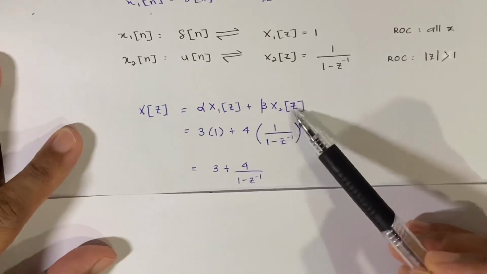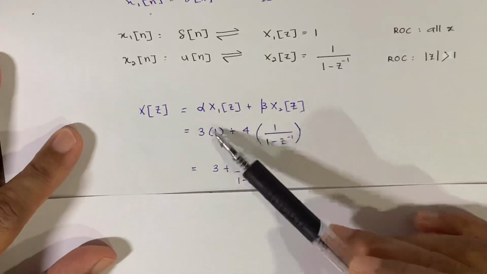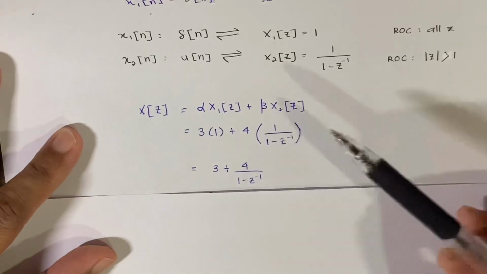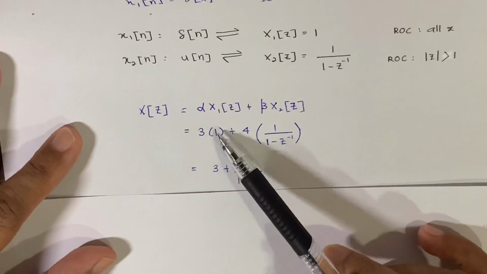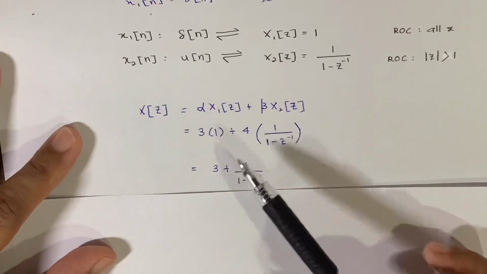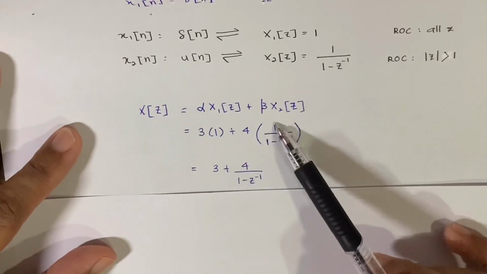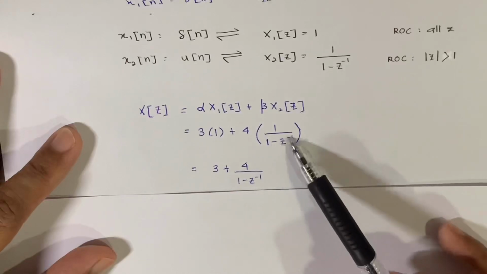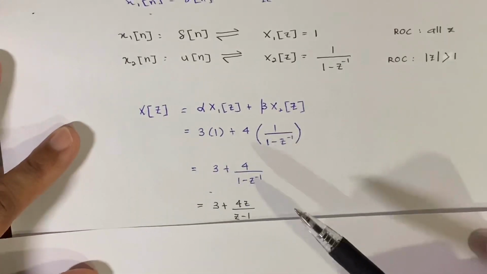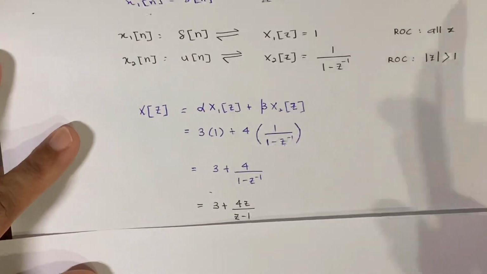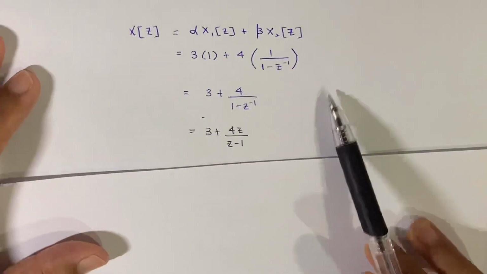So you just substitute all of these and then combine them. 3 multiplied by 1 equals 3, and 4 multiplied by 1 over 1 minus z to the power of negative 1. You will get this answer, and I will show you step by step.